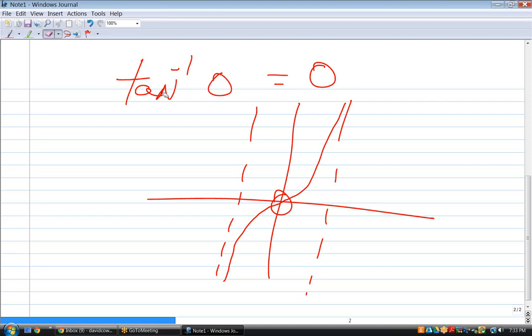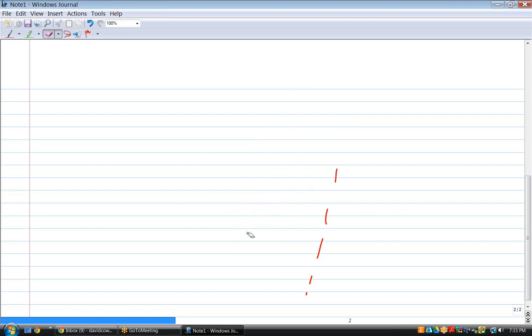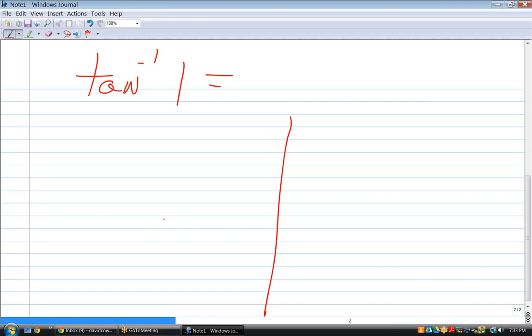There's more there. So next one is the inverse tangent of 1. All right, that's a little better. Remember, it's the inverse tangent of a number, so we're going to get an angle.